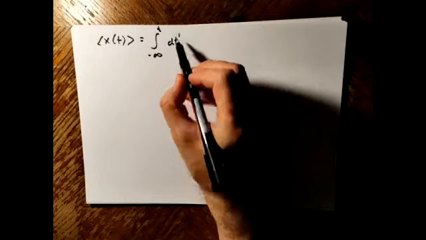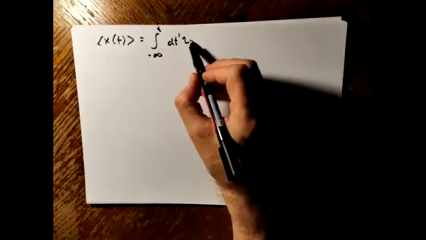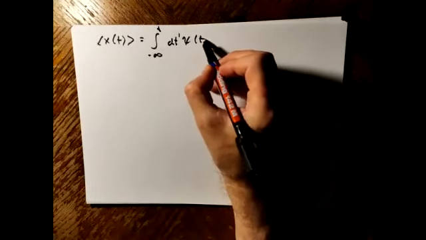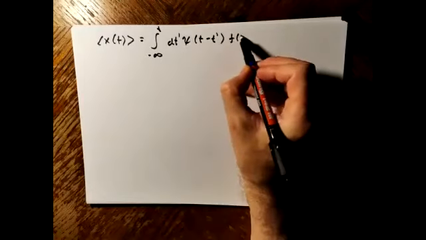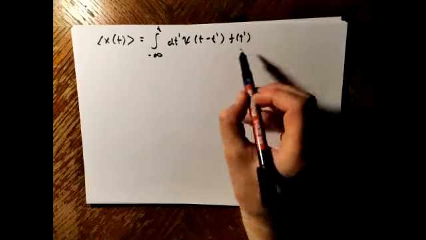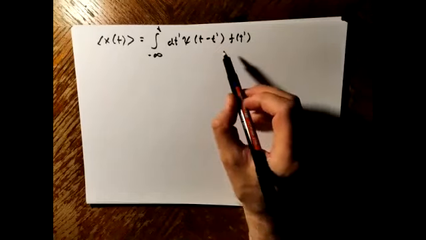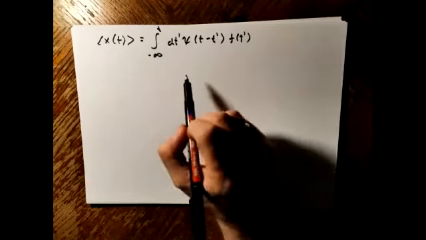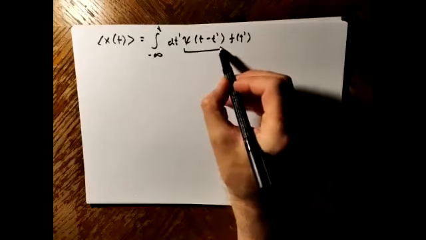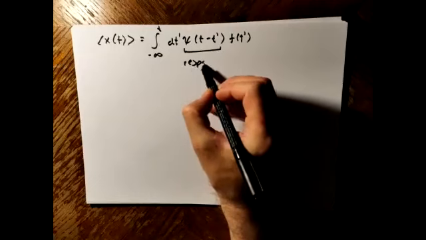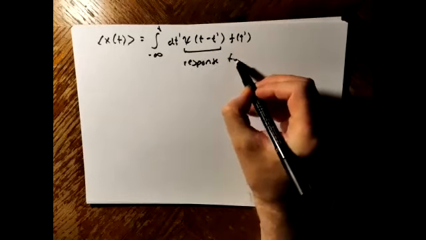And here we have dt prime, an integral, and I'm going to define a response function. The force acts at time t prime, and this response function accumulates all the effects of the force. This we call the response function.